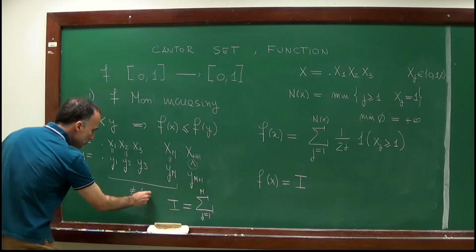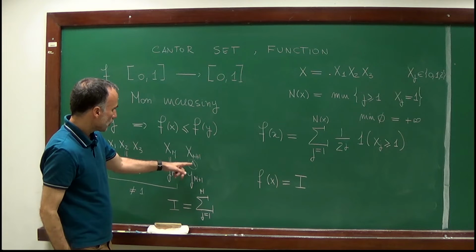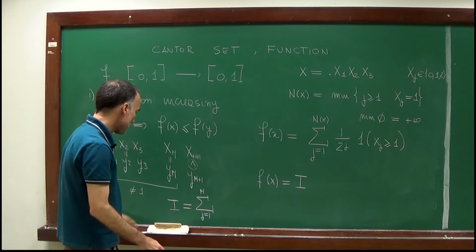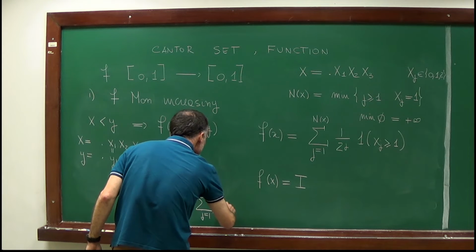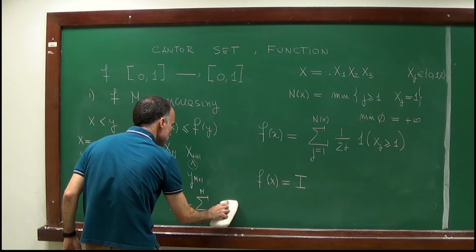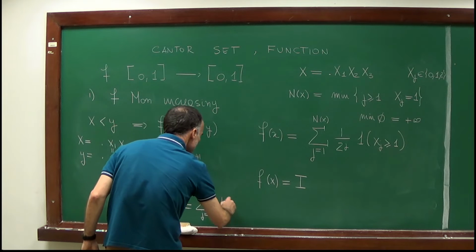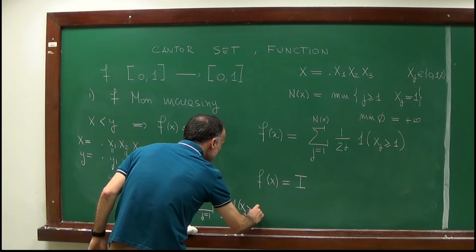Remember, I'm assuming that it's different from 1, so n of x is larger or equal than m plus 1. I will be the sum of xj divided by 2^j, 1 divided by 2^j, if xj is larger than 1.